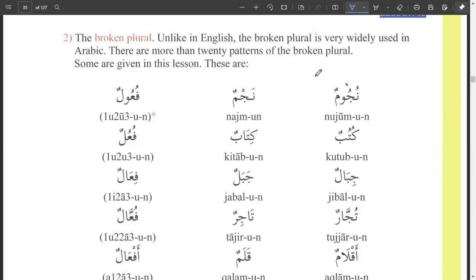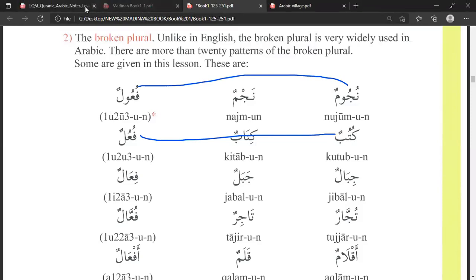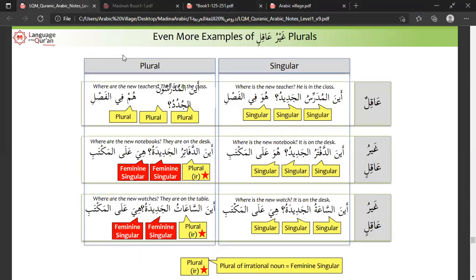So it comes on the pattern of fu'ulun. Kitabun, kutubun. It comes on the pattern of fu'ulun. You will learn more detail in the chart. I will show you the chart.